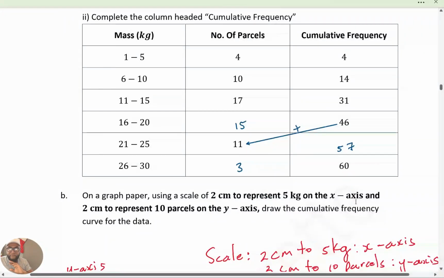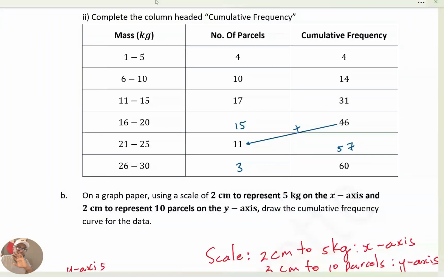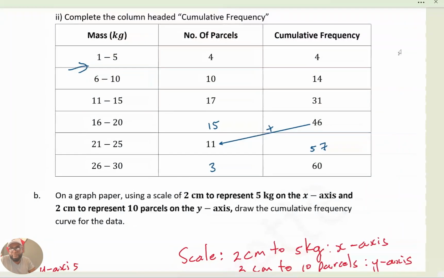So let's go. The first coordinates we're looking at would be the upper class boundary, which would be, what is the upper class boundary for the first class interval? Come on, let's get involved. Last question. Upper class boundary for this class interval will be what? The first class interval. Anybody? Upper class boundary for this first class interval, guys.